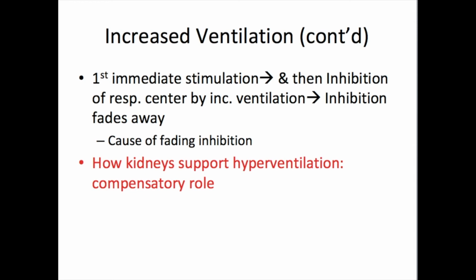Now, the cause of this fading inhibition is the reduction of bicarbonate ion concentration in cerebrospinal fluid and brain tissue, which means there is a decrease in the pH of the fluid surrounding the chemosensitive neurons of respiratory center, which results in increase in the respiratory stimulatory activity of the center. But the critical question is why there is a fall in pH. Now here comes the compensatory role of kidneys, which support hyperventilation.